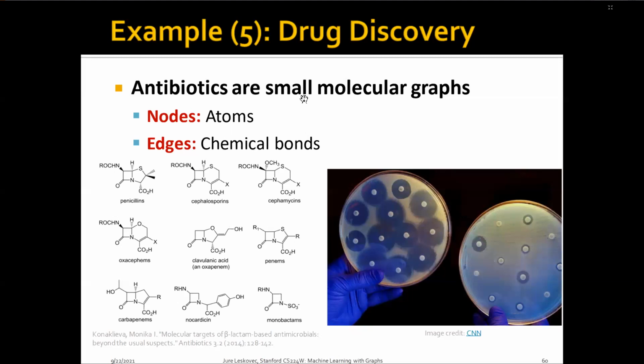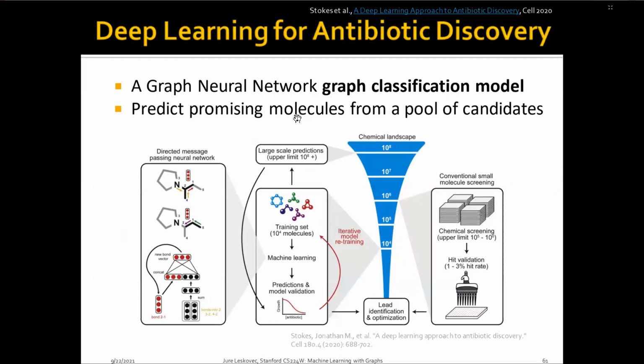So drug discovery is basically to find the best graph structure, right? That is effective against bacteria, right? That can constrain the growth of the bacteria, can kill the bacteria, right? So how can we define or find the graph structure of these atoms? So they basically train a graph classification model.